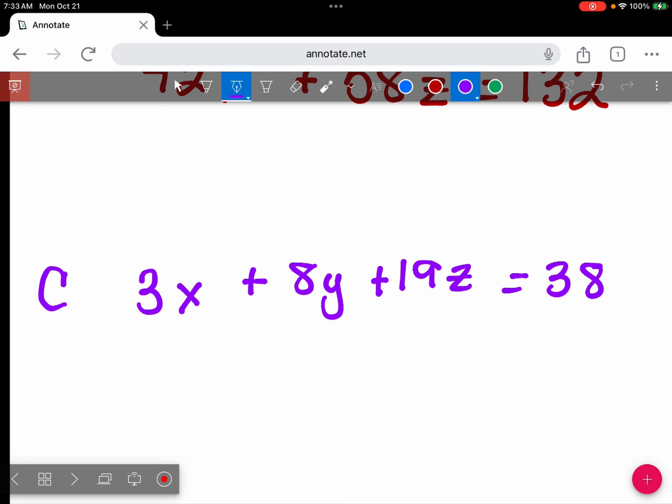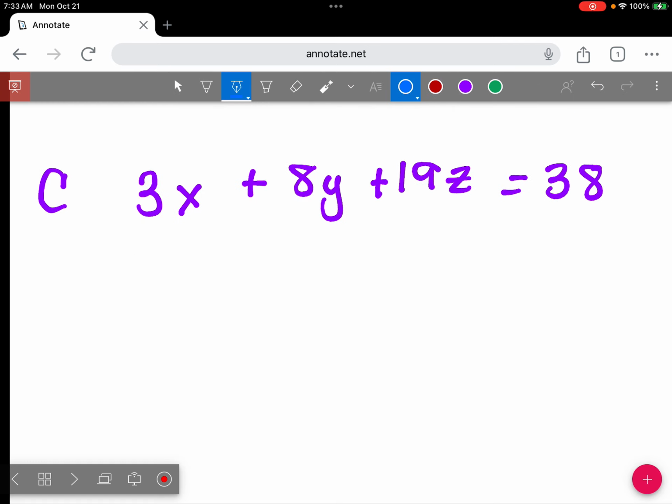And then I need to eliminate the y's out in this pair as well. So I'm going to use my same A equation. I'm just going to multiply it differently. So what would I need to multiply A by to get my y's to eliminate out here? -8. I need them to have the same number with that opposite sign. So we're going to have our A times -8.